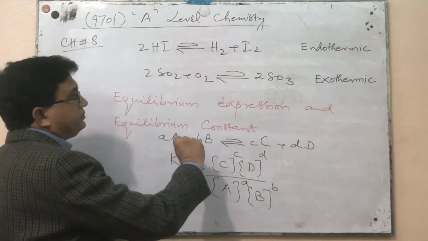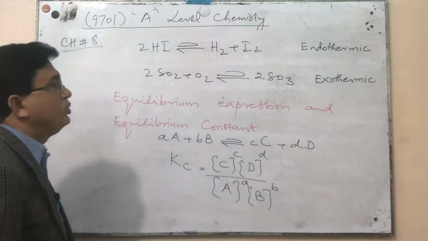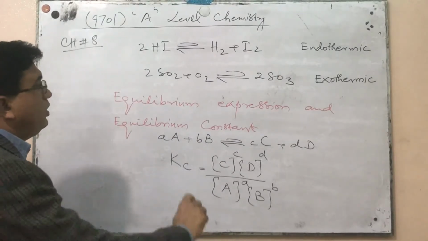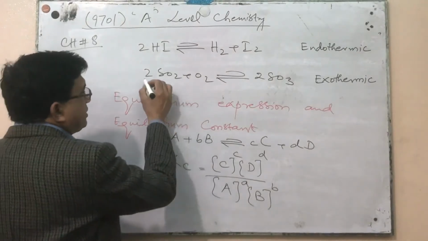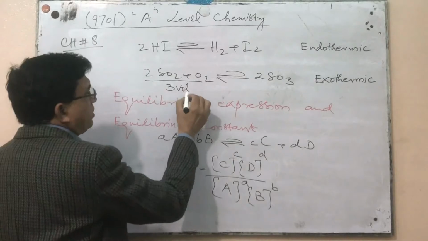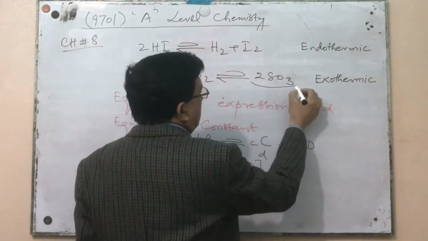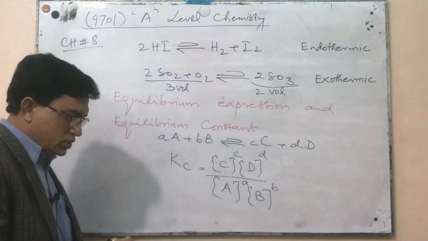Second, here it is the oxidation of sulfur dioxide to sulfur trioxide. If we look at the equation, the reactants have 3 volumes or 3 moles, while the products have 2 volumes or 2 moles.